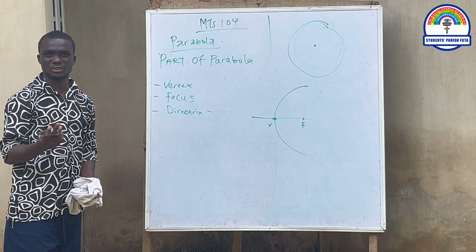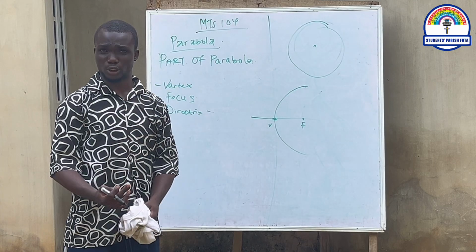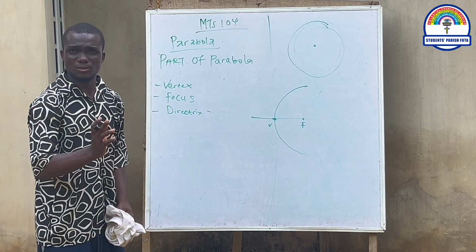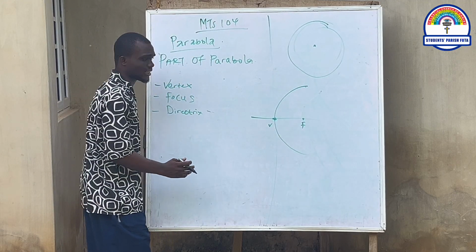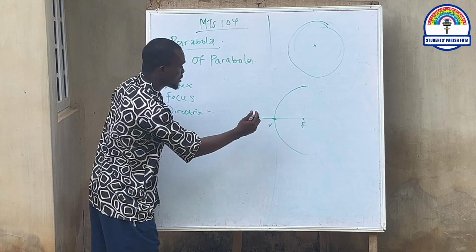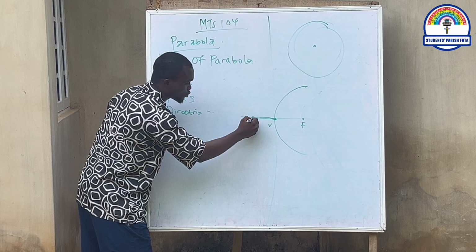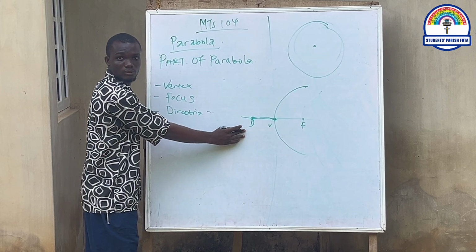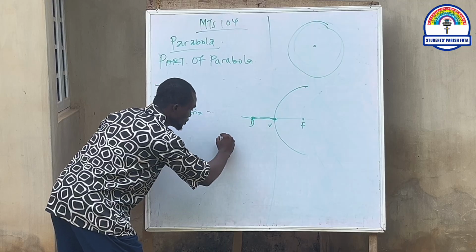Now our directrix is like the focus but in the opposite direction. The focus is inside, in the open space of the parabola. So when we want to get the directrix, it is at this point.